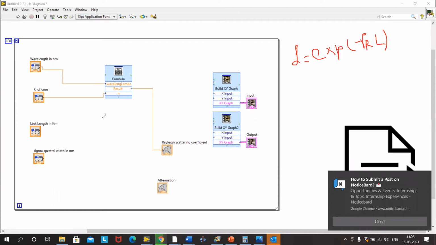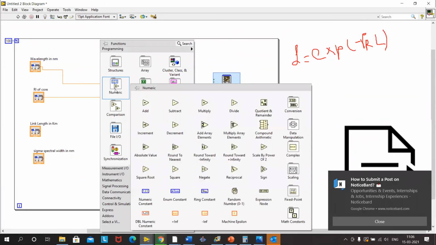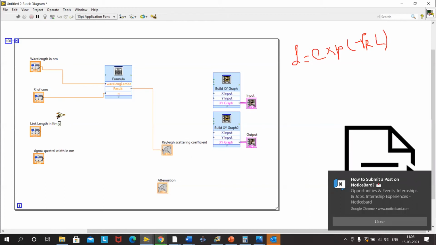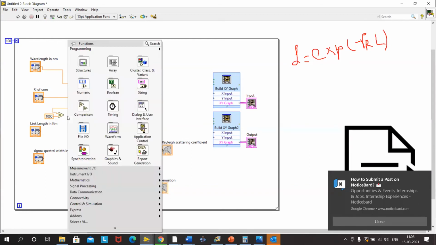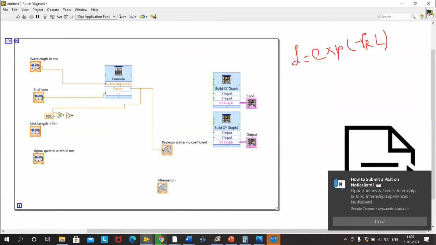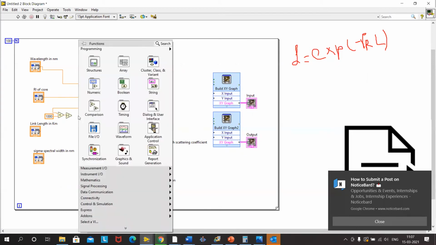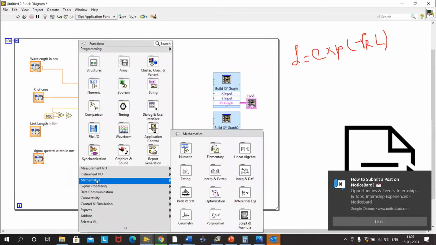So I'll use multiplication, and here instead of taking link length, because the link length is fixed, I'll take it to be a constant 1 kilometer. We have now gamma r L, we need to negate it. So it's minus gamma r L, and then it has to be exponential.